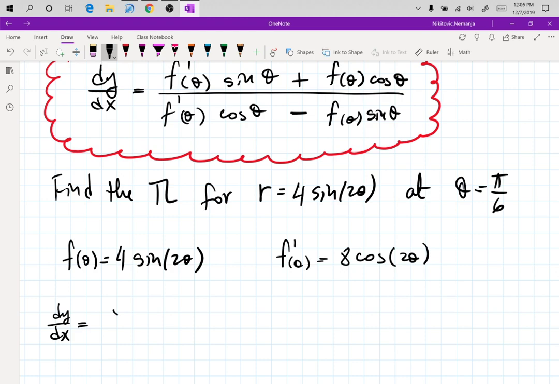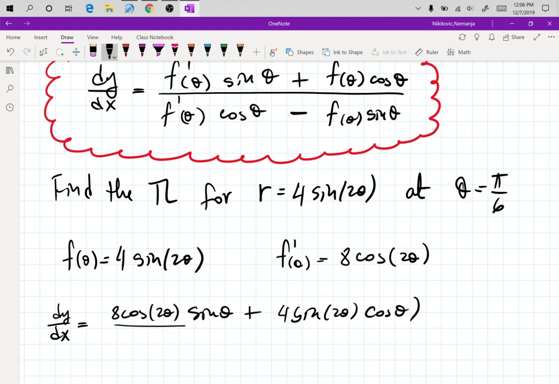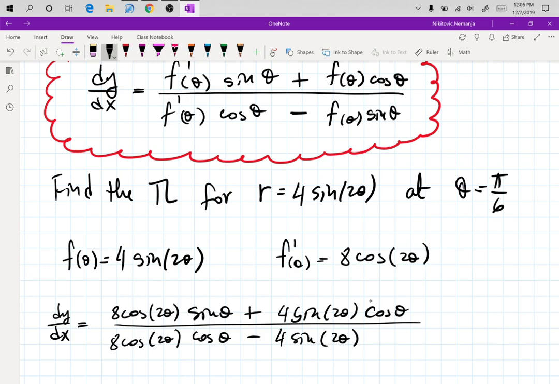So 8 cosine 2 theta times sine theta plus 4 sine 2 theta times cosine theta, divided by 8 cosine 2 theta cosine theta minus 4 sine 2 theta sine theta.